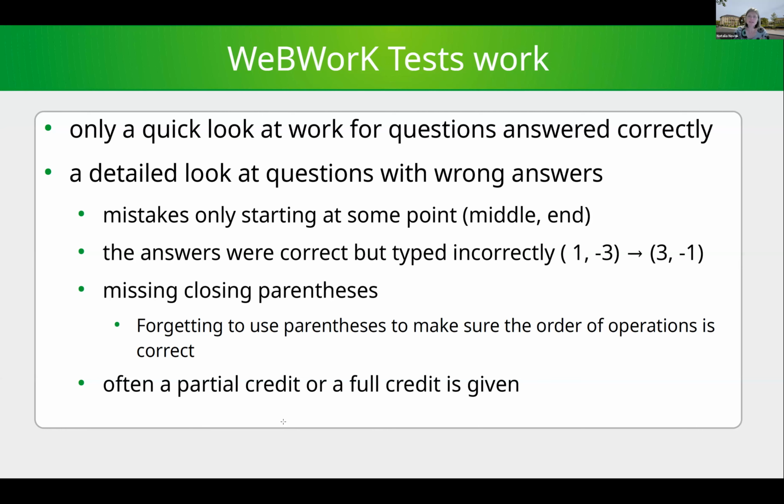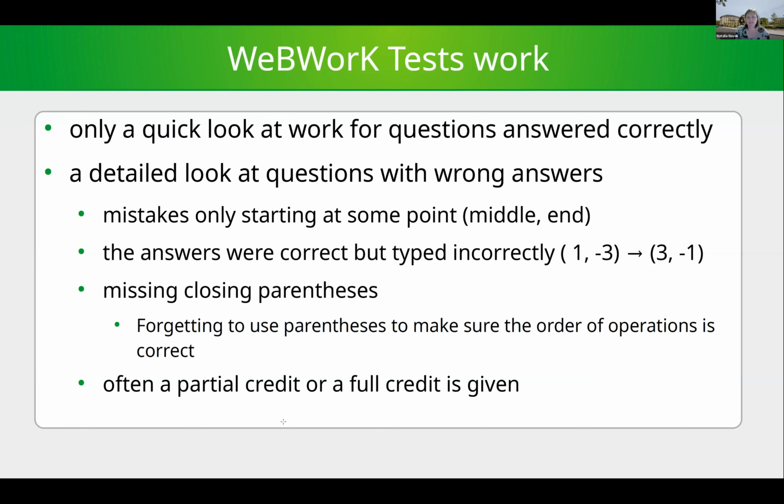Sometimes students were missing parentheses, especially closing ones, because then WeBWorK doesn't know how to interpret it. And in general, they forget to use parentheses to enforce the order of operations. What I usually end up doing, and it's quite often, is that I give them either partial or full credit.